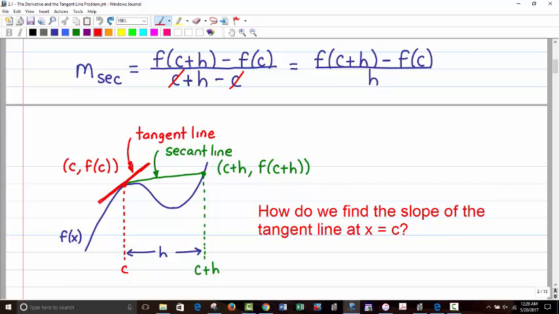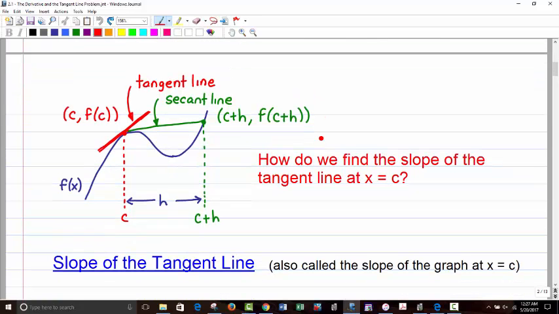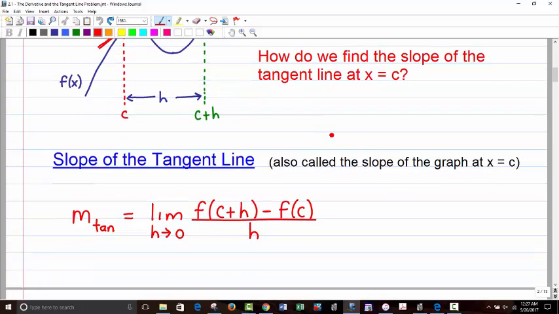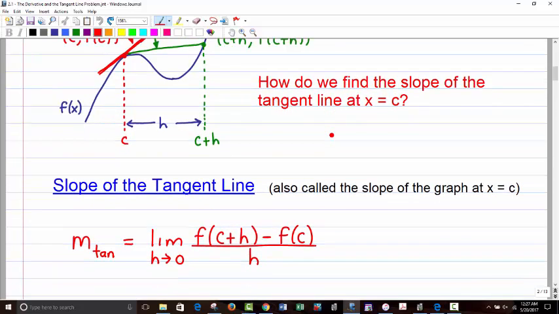So the way we do that is to allow this point to get infinitely close without touching. Goes back to the previous chapter. We can use the concept of a limit. A limit can allow you to get close to that number but without touching it. So now we're saying take the limit of that slope as h approaches 0.